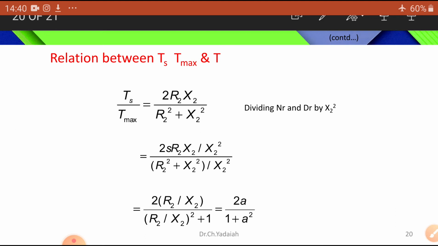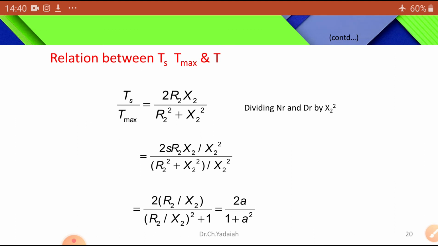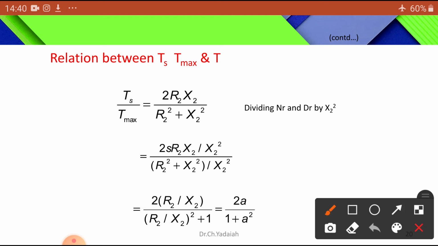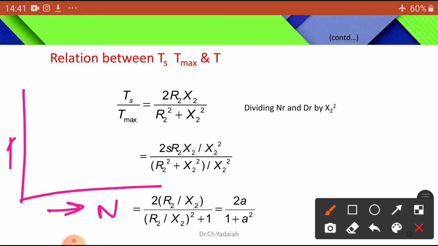If you draw the graph we have seen previously, with speed on one axis and torque on the other, the motor has some starting torque. Initially the torque slowly increases up to the maximum, and after that it goes down to synchronous speed.